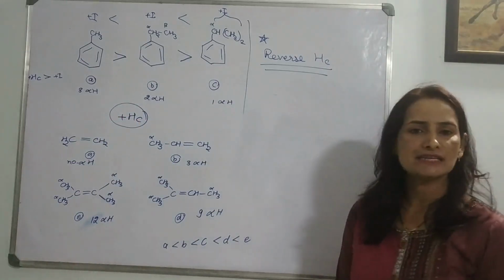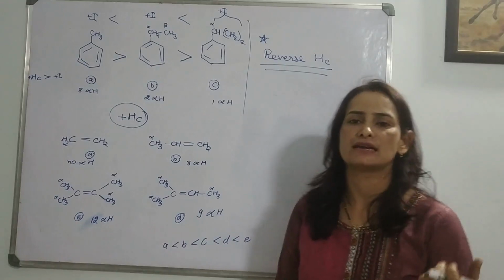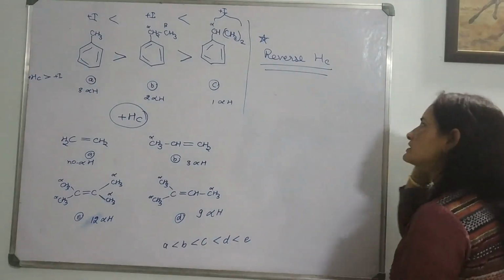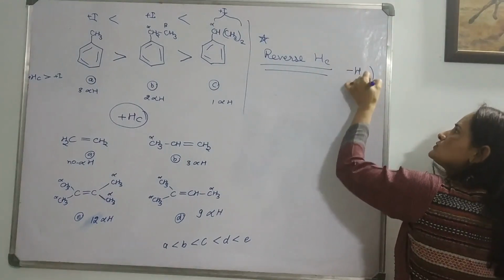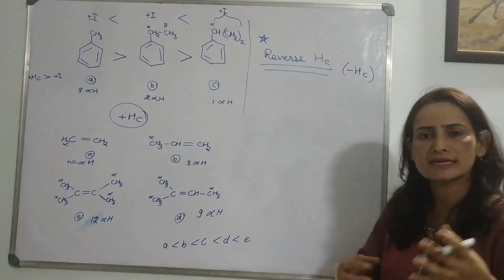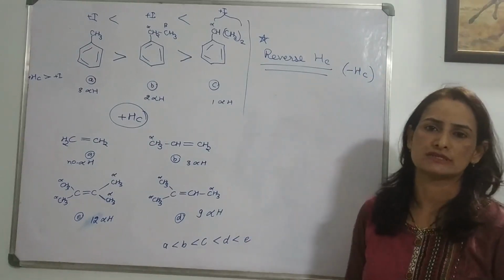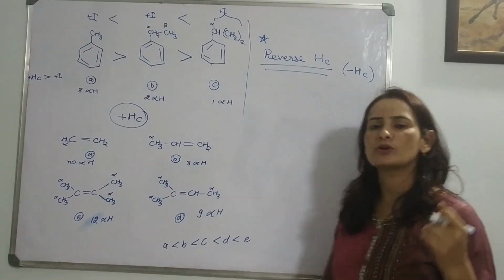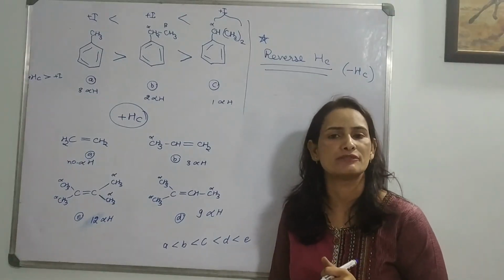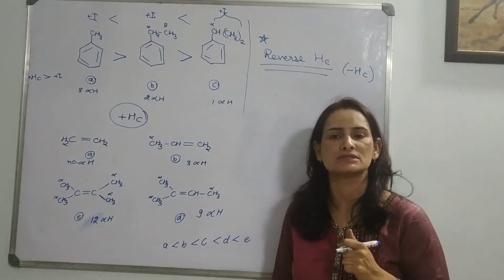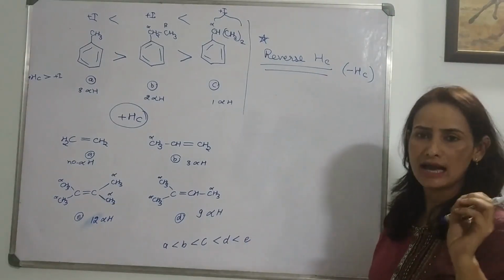Always the C-H electron is given to the system, whether it is a carbocation, alkene or free radical. But reverse hyperconjugation, which is also called negative hyperconjugation, means here, instead of giving to the system, it will take electrons from your system. And among the carbocation, free radical and alkene, only the alkene is capable of giving electrons because of having a pi electron system. So reverse hyperconjugation is a case found in the alkene.